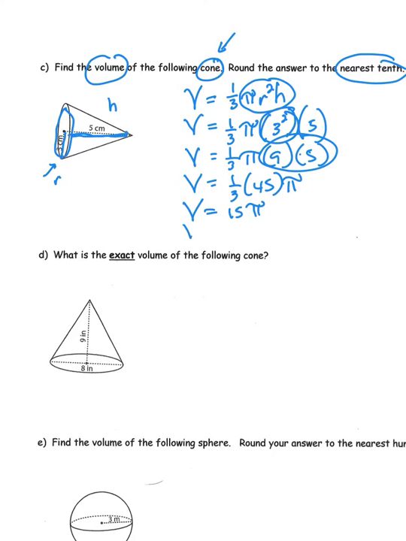Finally, if you press the pi key on your calculator, 15 times pi is 47.23898. We've been asked to round to the nearest tenth. So if we use what dot the, remembering that W is the whole number, dot is the decimal, and T is the tenth, we're going to round the number to the nearest tenth.